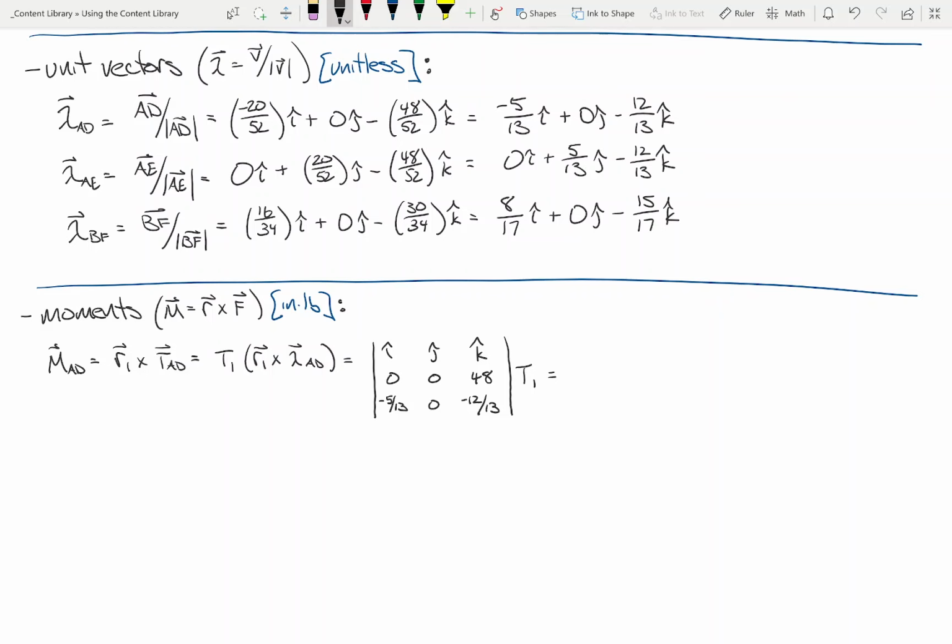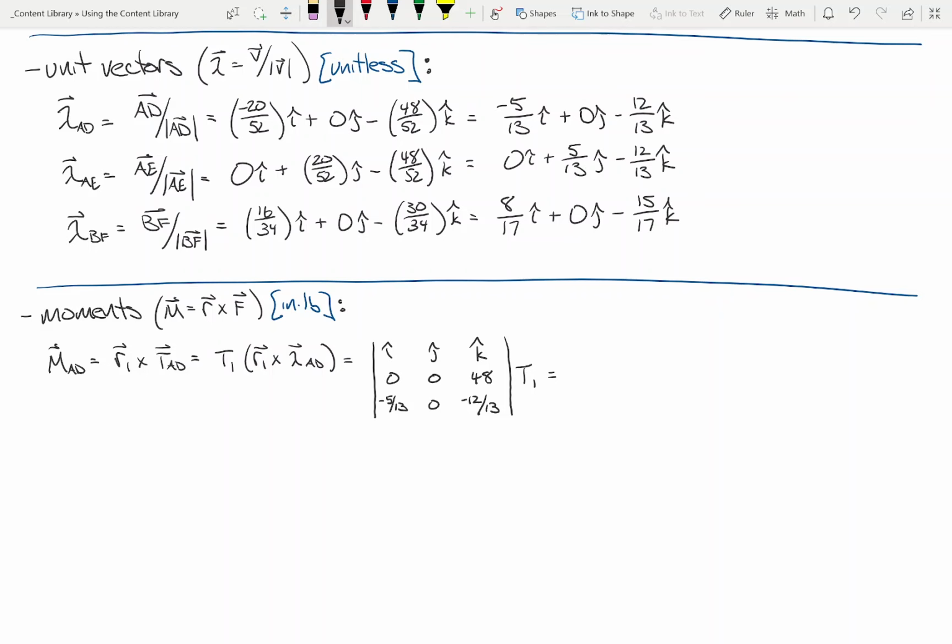Okay. So let's see if we can do this in our heads. So the i term, what do we do? Cross that out basically. So we're doing that times that, which is 0, right? For the j term, that times that, oh, we actually have a value, so it's like 240 over 13. For the k term, if we cross that out, we're going to get 0.